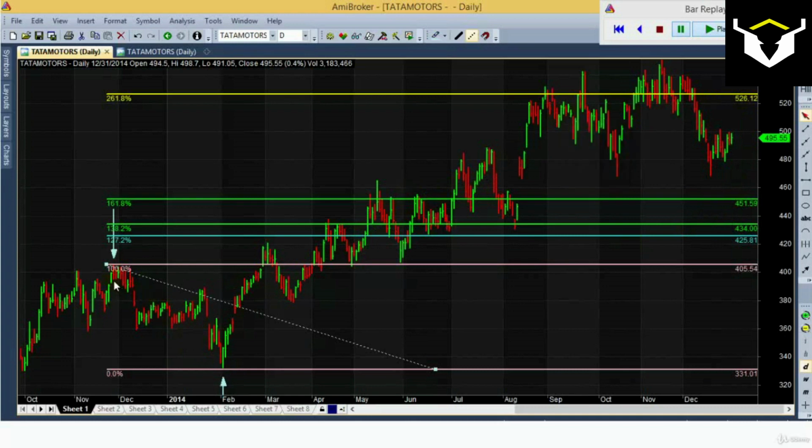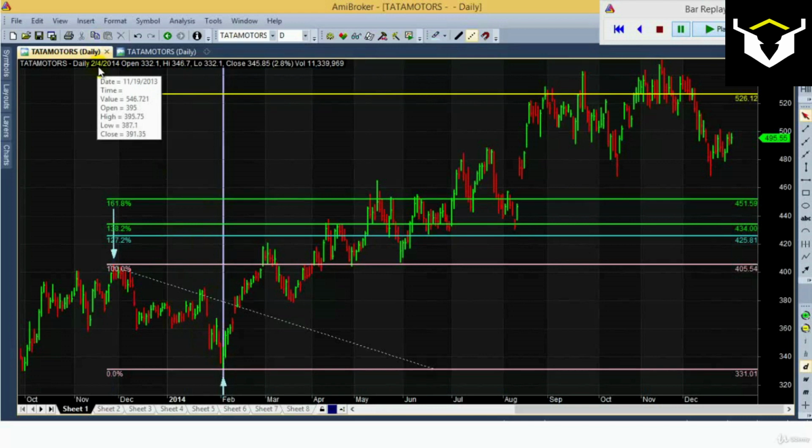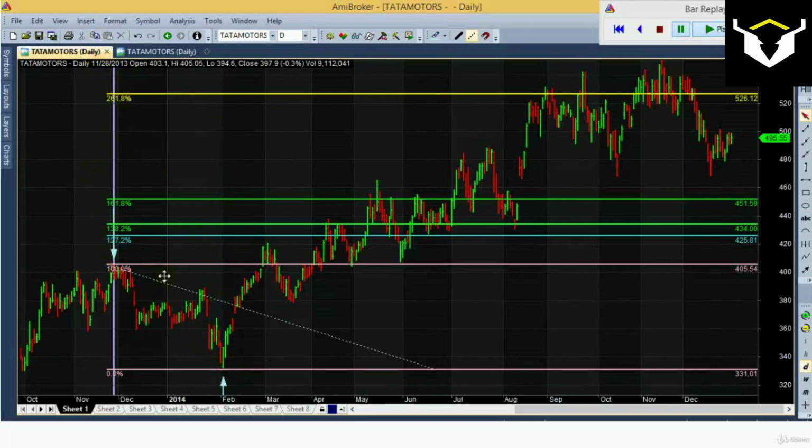This range is from 28 November 2013 to 4 February 2014.